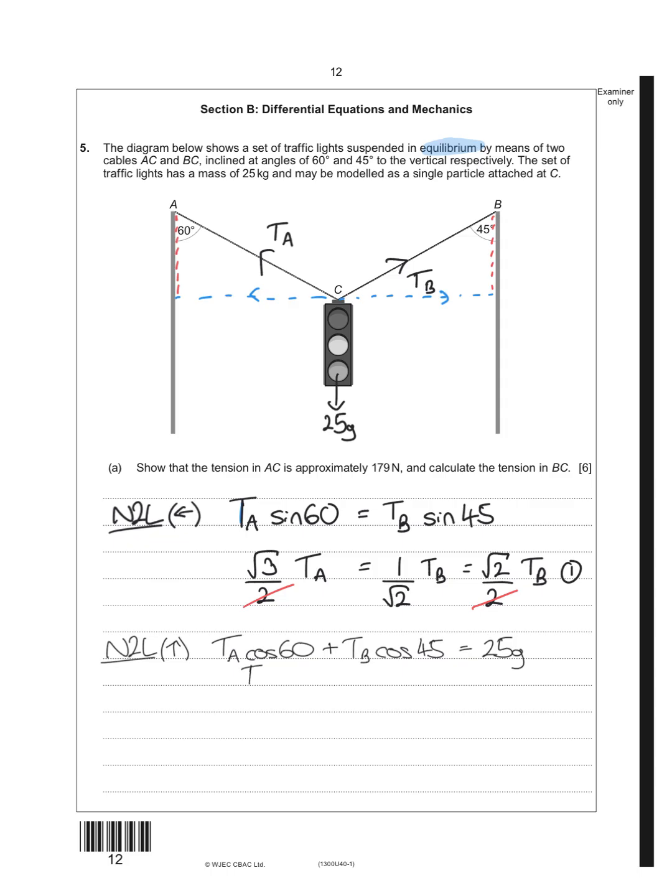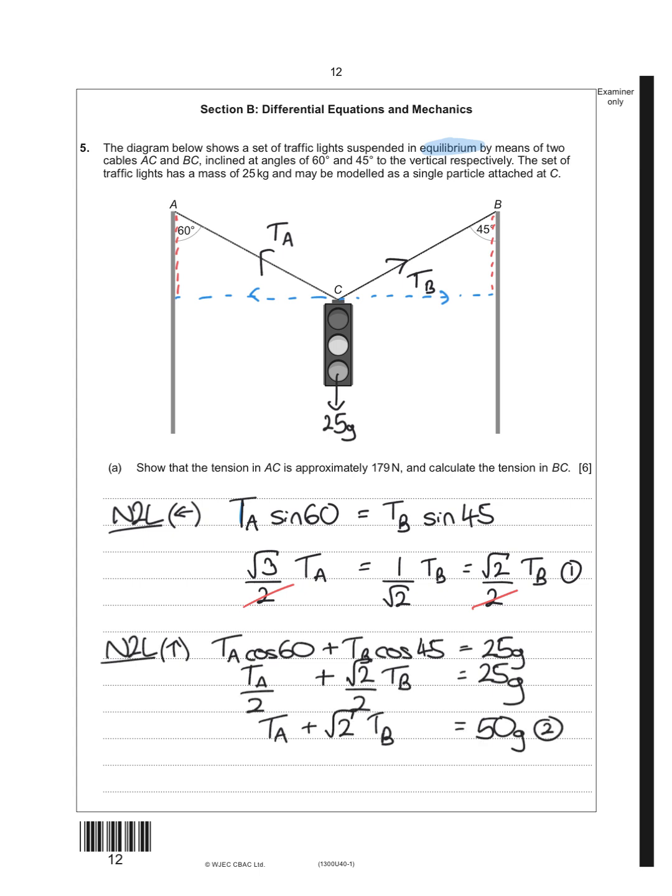Now cos 60 is a half, so TA over 2, plus TB, let's work that out. Cos 45 is root 2 over 2, equals 25g. So I can say that TA plus root 2 lots of TB equals 50g, and there's my second equation.